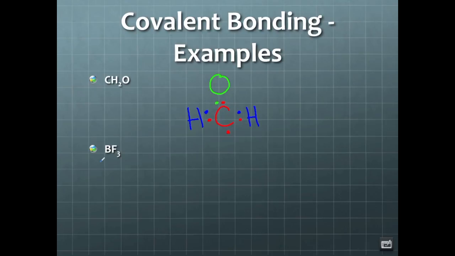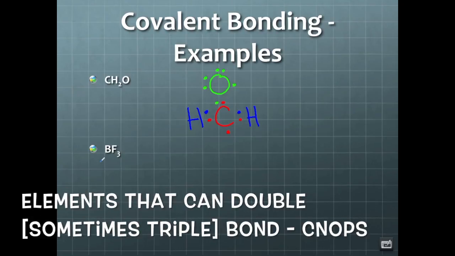So we're going to put 1 there, 2, 3, 4, 5, 6. But what do we notice? We notice that neither carbon nor oxygen has a full set of 8. So now we can make what's called a double bond. If you ever have electrons left over, you can actually make extra bonds as long as it's the right kind of element.